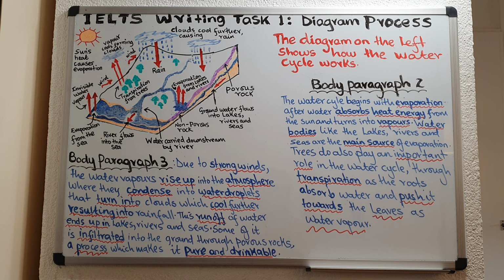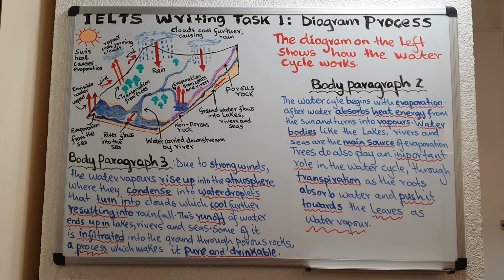So you have to explain all the steps in body paragraph 2 and body paragraph 3. Begin body paragraph 2 with the first few steps. And then after that, in body paragraph 3, describe the rest of the steps. So the secret of knowing what to put in body paragraph 2 and body paragraph 3 is, first of all, identify all your steps.